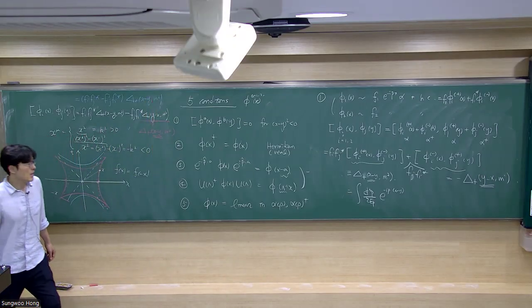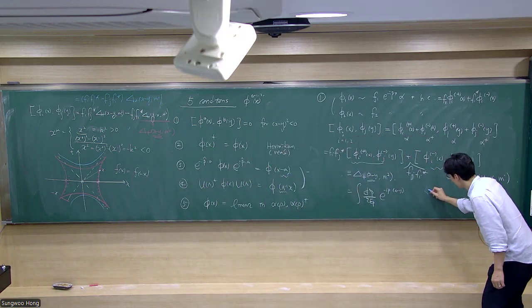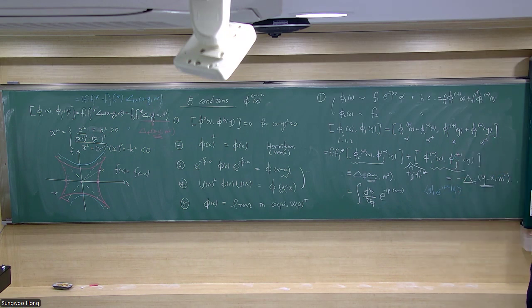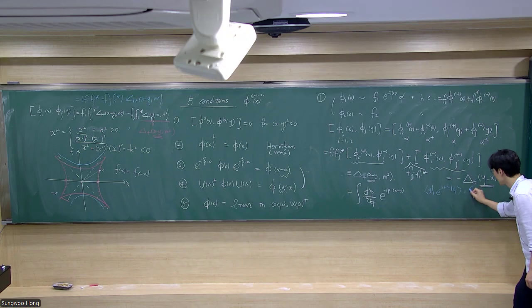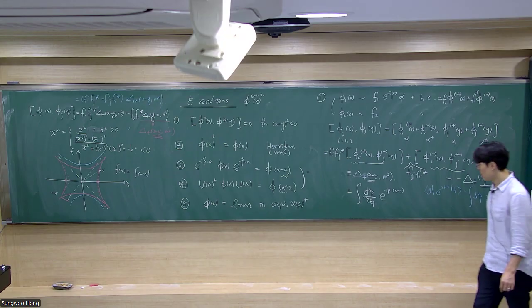Now, one last thing I want to say is about one of the exercises we did when we talked about this causality check. That thing was given by this. Delta is just the integral.